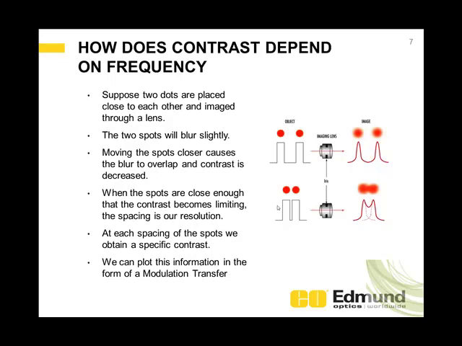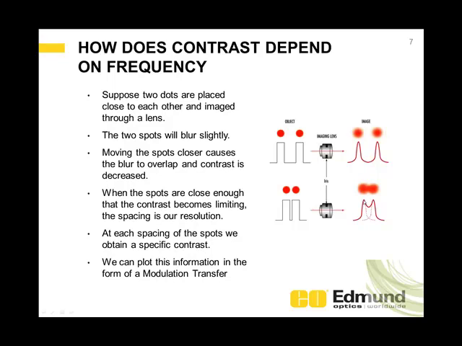And those two nice square waves become the two waves that you're seeing here on the right. And you get to see the corresponding image blur. As those two dots get closer and closer together, the nice square wave gets modified a bit, and when they overlap, instead of getting two separate spots, we get one spot that's not able to distinguish the two here. And you can also see that the contrast is going to change.